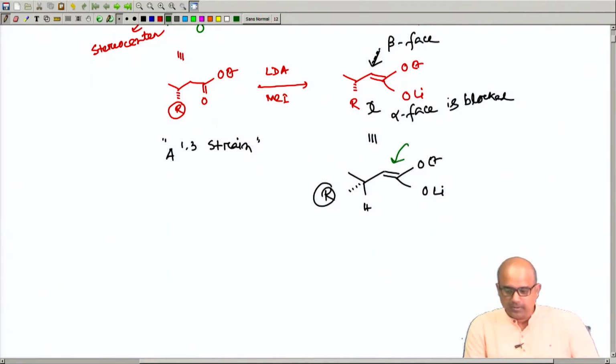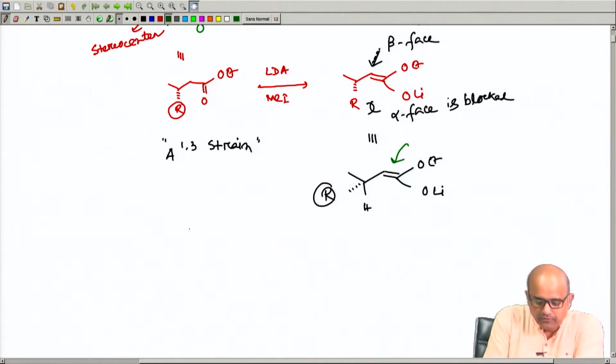So, in this case it has been found that now we will try to write the obtained asymmetric induction.